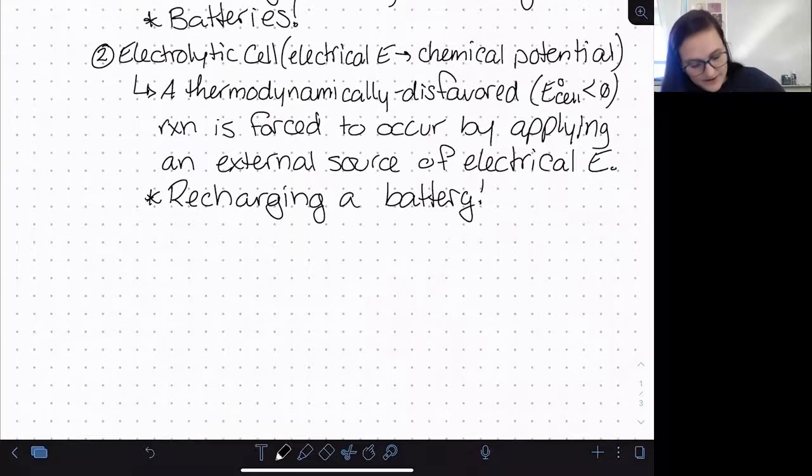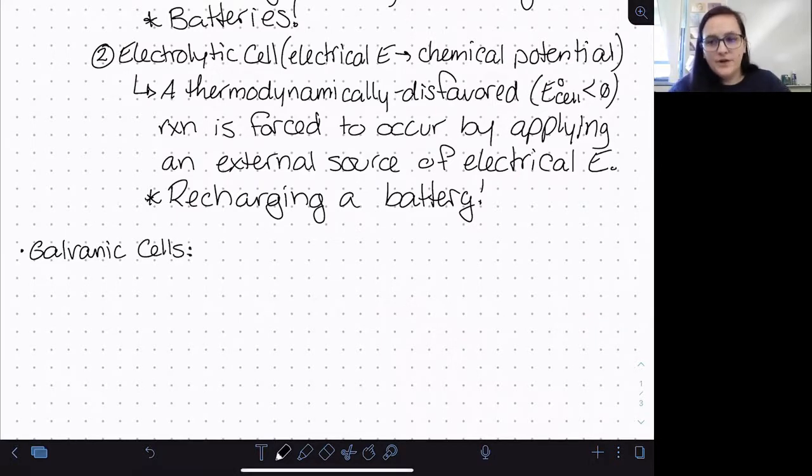So in a galvanic cell, in order to harness the power of redox, in order to actually generate an electric current from a redox reaction, we need to set it up in a particular way.